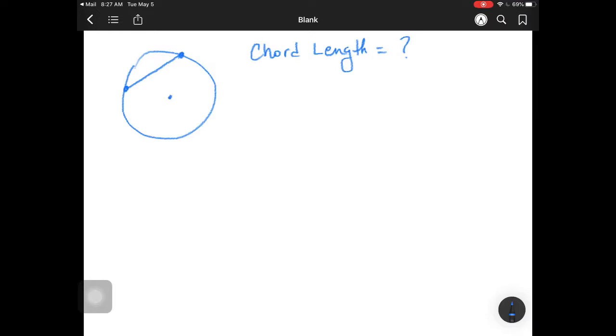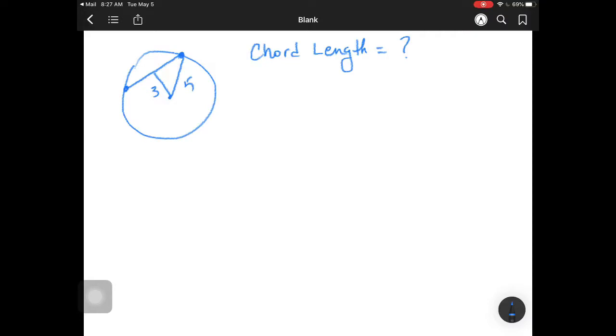What they need to give us in this case is this perpendicular distance from the center to the chord, and they need to give us also the radius. So let's say they say that the radius is 5 and that this perpendicular distance is 3. Then what is the chord length?